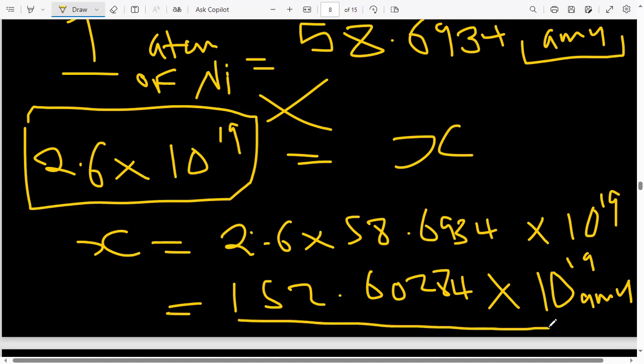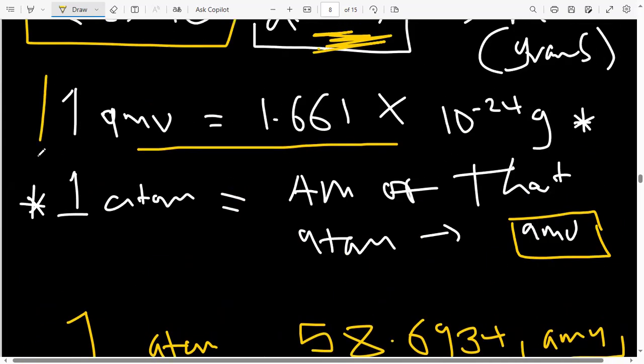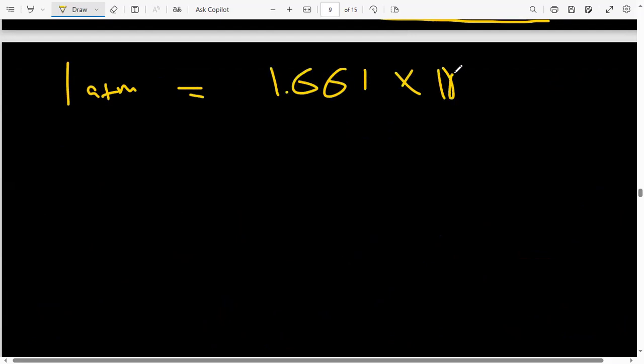Now that we have the atomic mass unit, we can use this relationship here. We know that one atomic mass unit has this mass here. So what about those number of atomic units? What mass are they going to have? You say one atomic mass unit is equal to 1.661 multiplied by 10 to the power minus 24 grams.